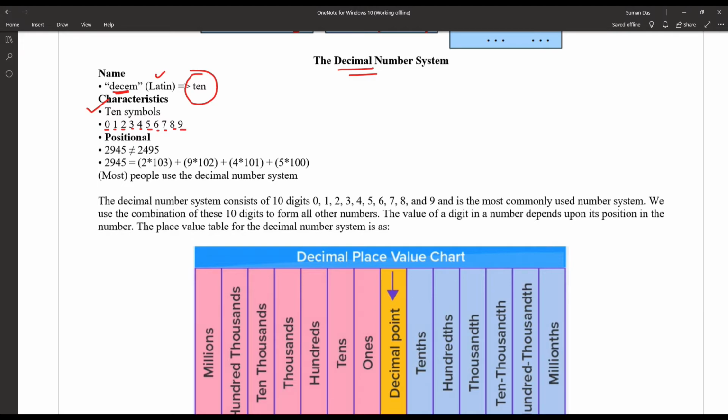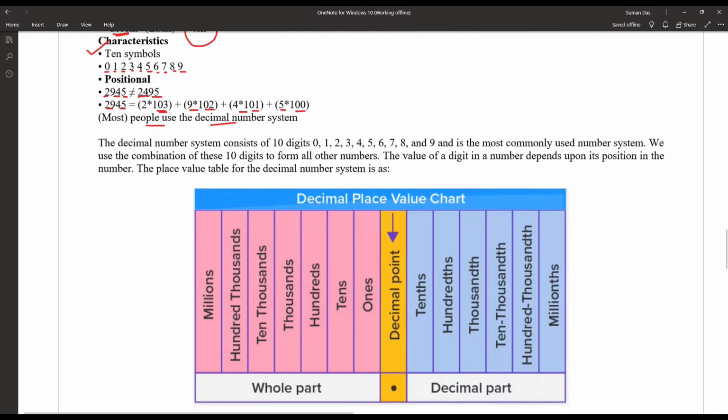So according to the positional values, 2945 is not equal to 2495. But what is 2945? That is 2 into 10^3 plus 9 into 10^2 plus 4 into 10^1 plus 5 into 10^0. And most people use the decimal number system.